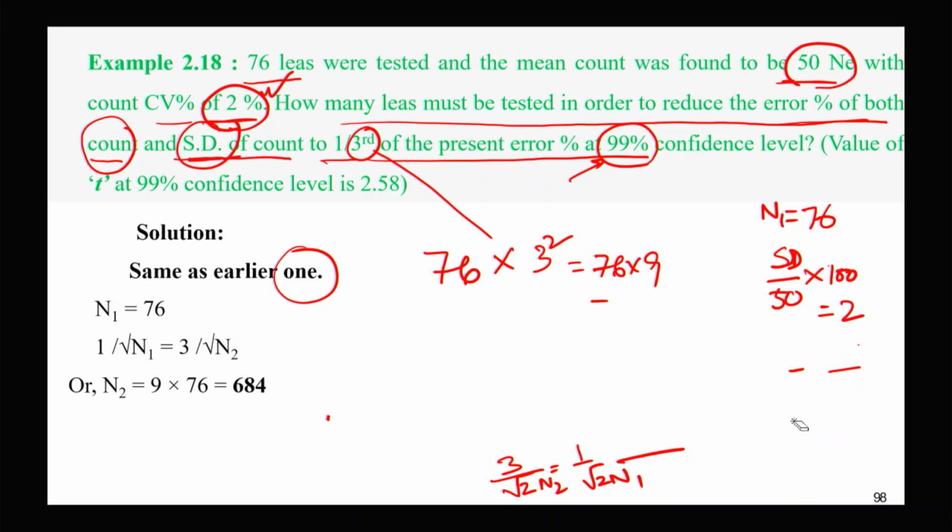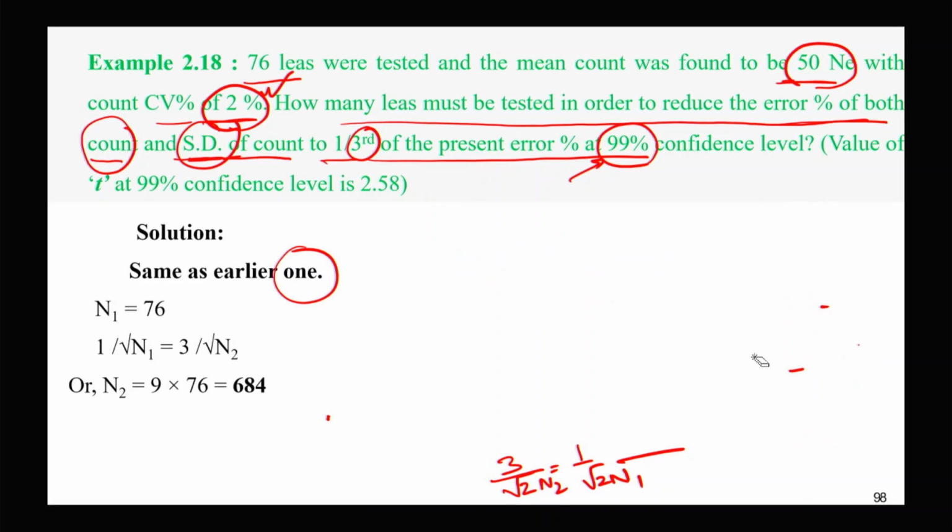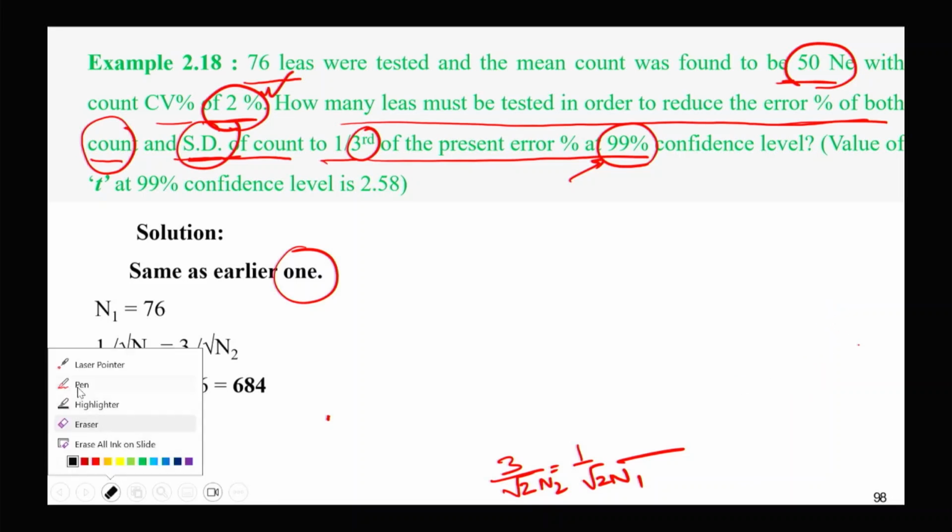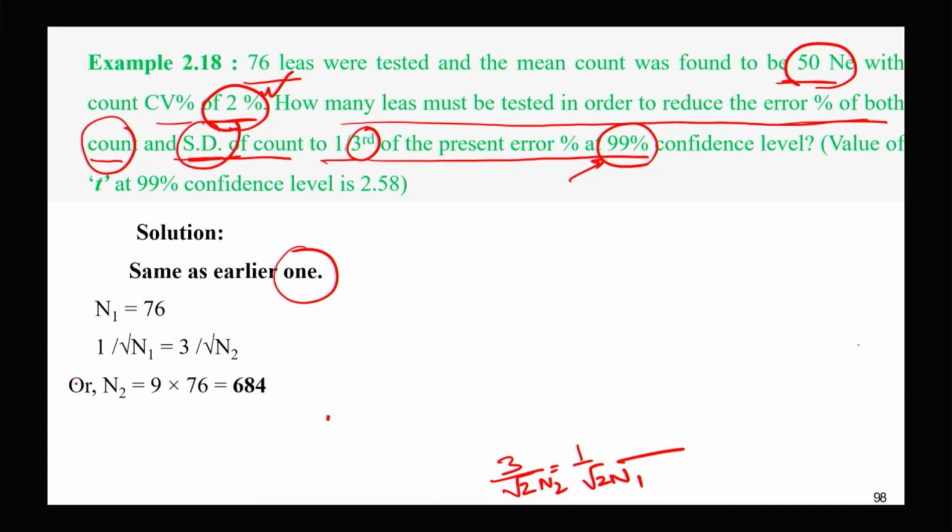So this is the relationship which we are getting here. N1 is 76.